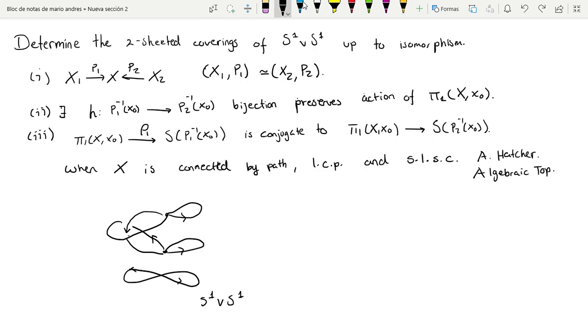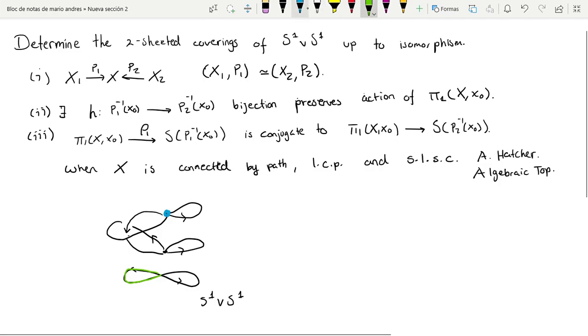So if we have a thing on the fiber, let's say this blue thing, the algorithm of what the loop does on that thing is the following. We consider not the loop, but the loop traversed in reverse, right?